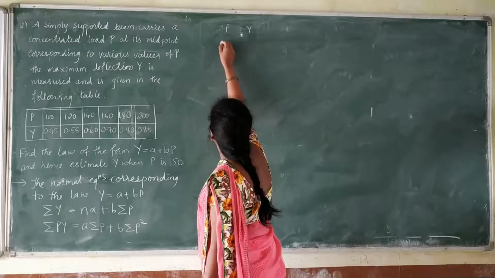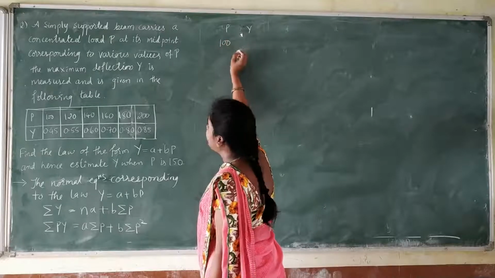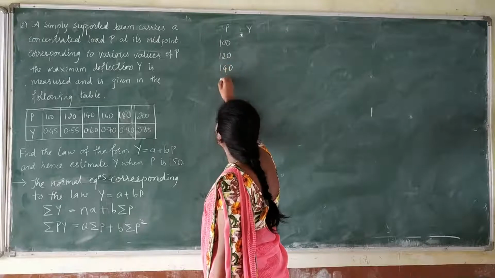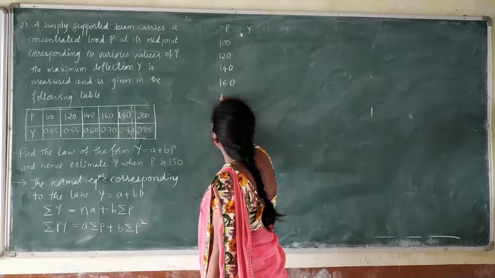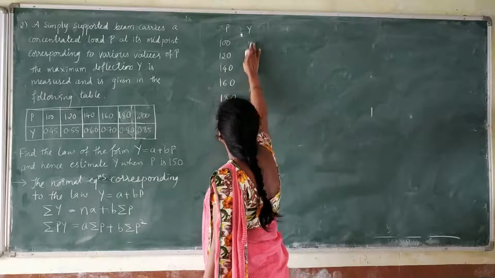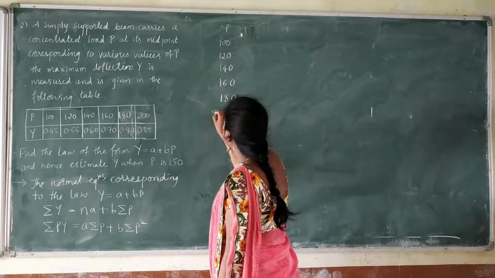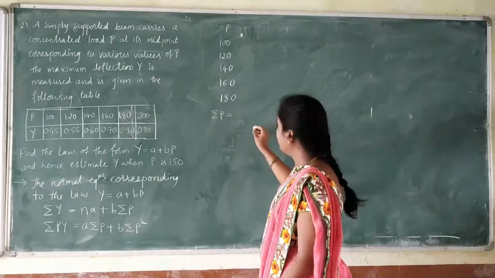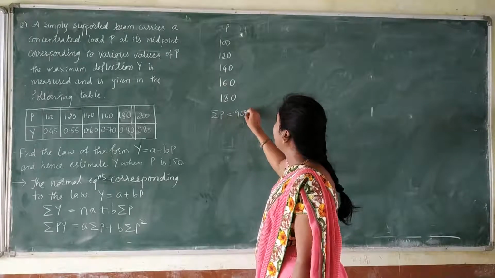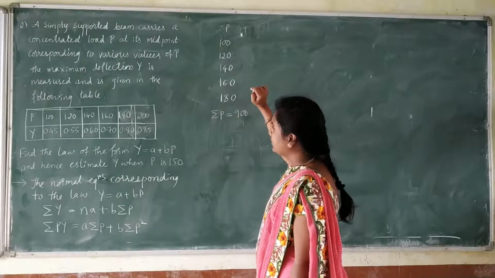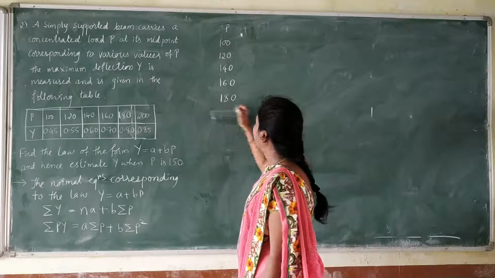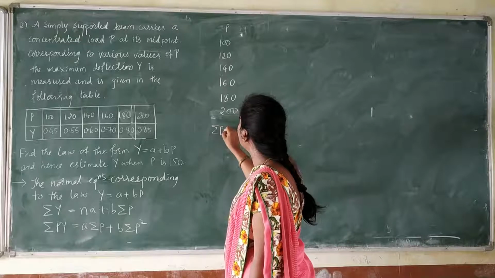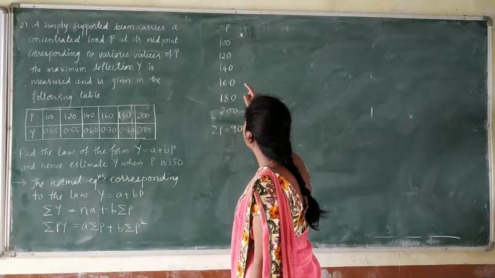Let us put the values of P: 100, 120, 140, 160, 180 and 200. Adding all these P values, which are nothing but loads, summation of P is equal to 900.